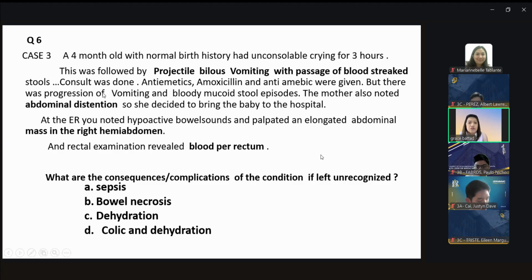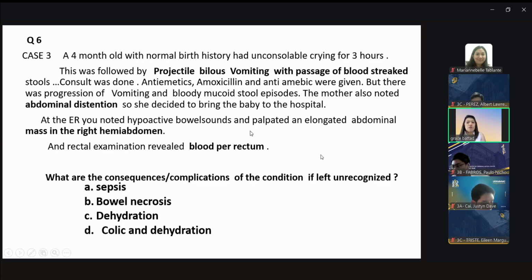But there was progression of vomiting and bloody mucoid stool episodes. The mother also noted abdominal distension. At the ER, you noted hypoactive bowel sounds and you palpated an elongated abdominal mass in the right hemi-abdomen. Rectal examination revealed blood per rectum upon release of your examining finger.